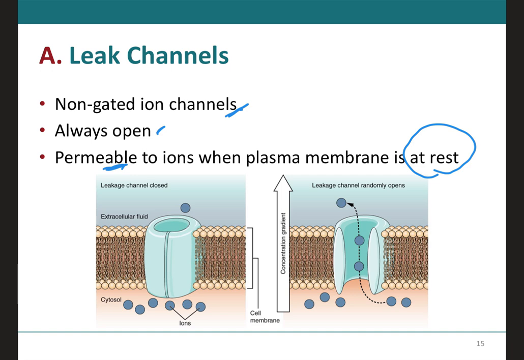Therefore, there's more potassium and chloride going through the membrane than there are sodium ions coming into the cell through these leak ion channels.